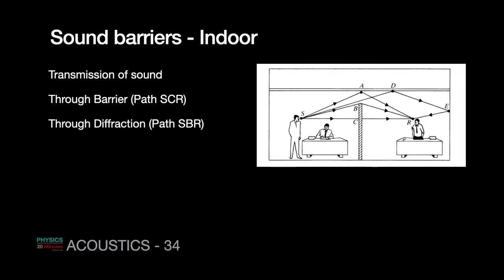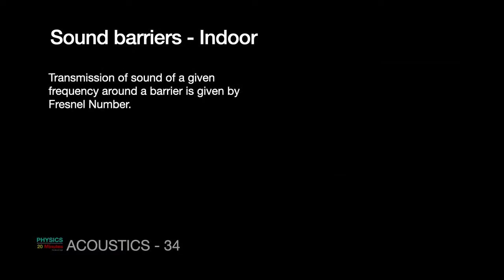So path SBR, and it can reach the receiver by multiple reflections. So it can go by SAR, SDER, etc. So these are the reflected paths possible. Transmission of a sound.